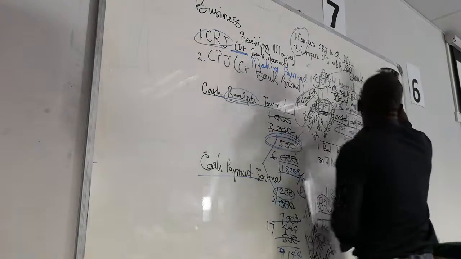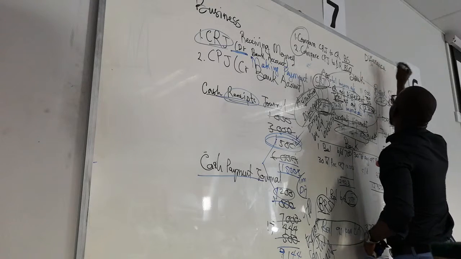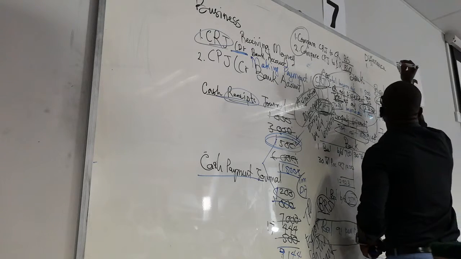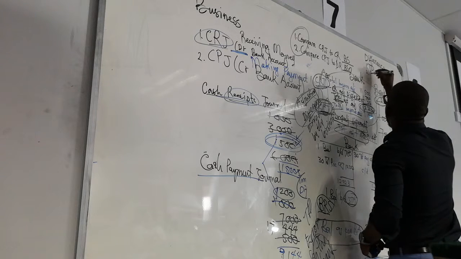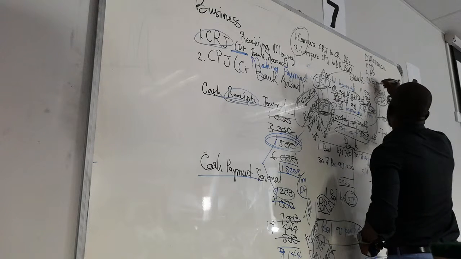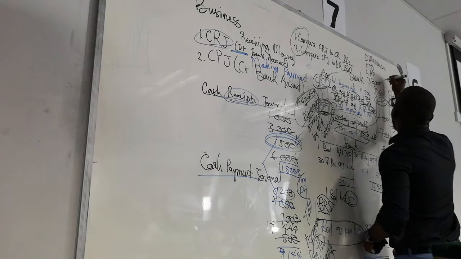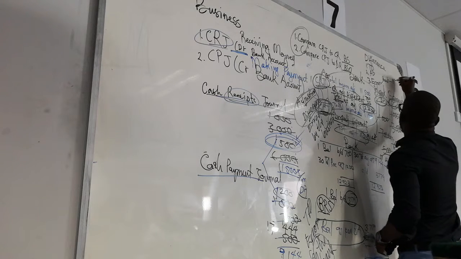And then what are we trying to find? Differences. There are three sorts of difference. Number one, timing difference. Number two, adjusting differences. Number three, errors.